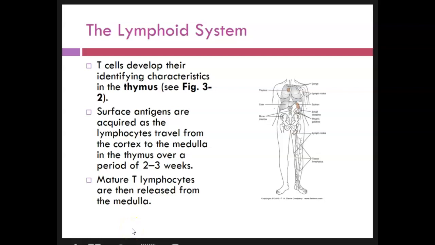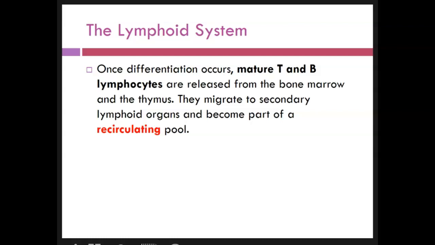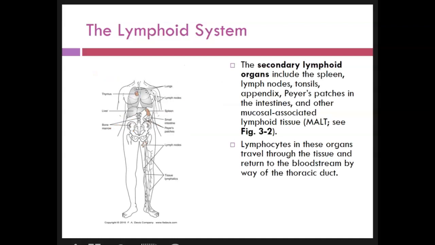T cells develop their identifying characteristics in the thymus, and then they're released from the medulla. Differentiation occurs once mature T and B cells are released from the bone marrow and the thymus. They migrate then to the secondary lymphoid organs and become part of a recirculating pool. So they recirculate all the time. And we've already talked about the secondary lymphoid organs.